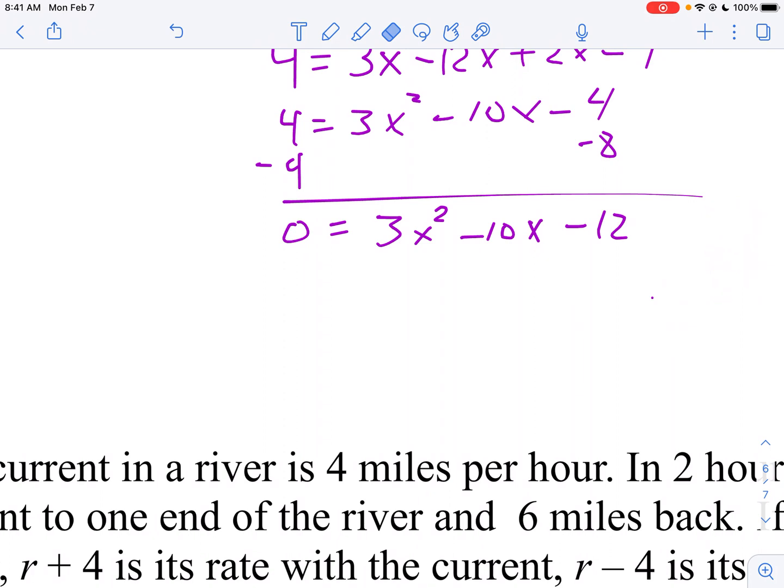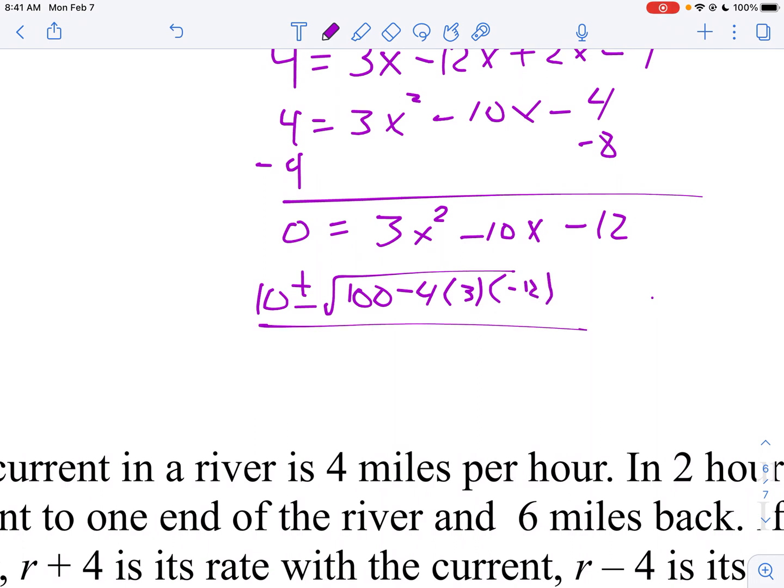So we're going to say negative b, so it would be positive 10, plus or minus the square root of b squared, which would be 100, minus 4 times 3 times negative 12, all over 2a, so it'll be 2 times 3.